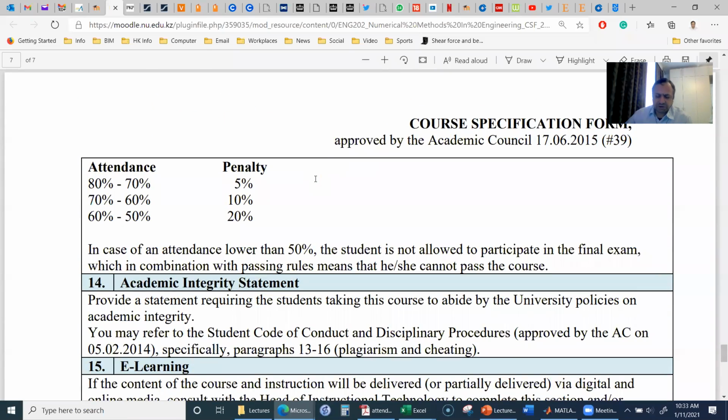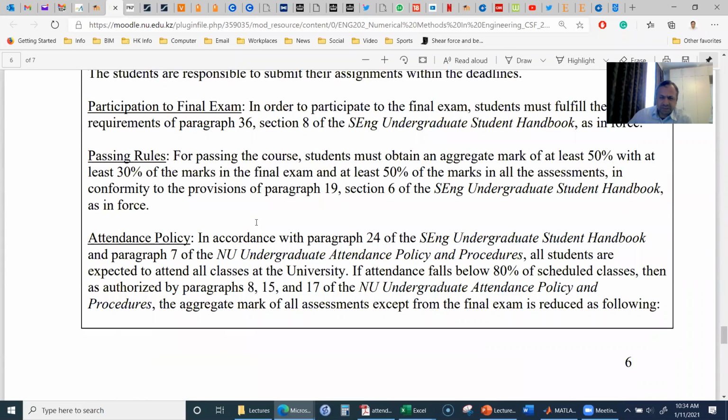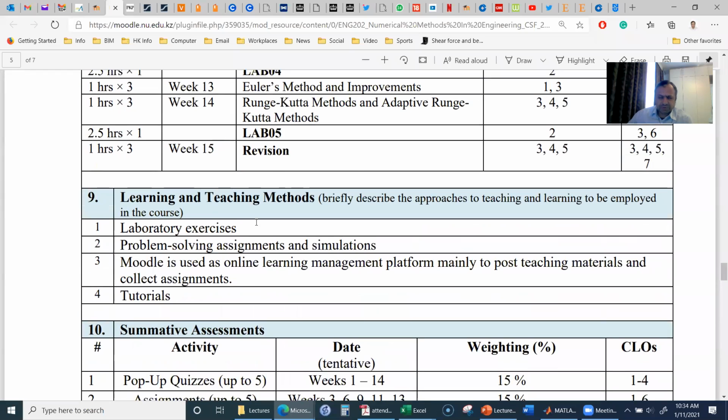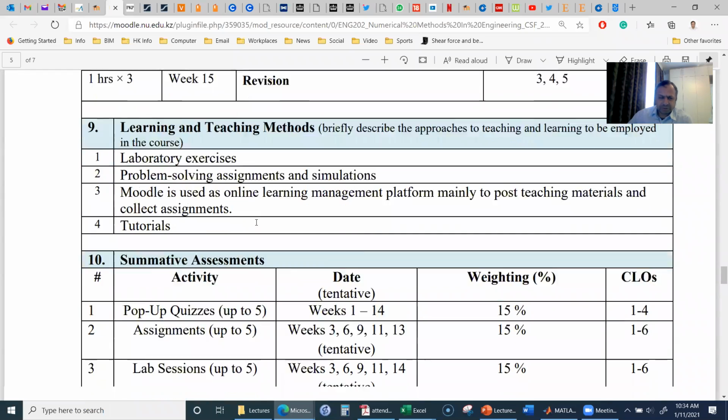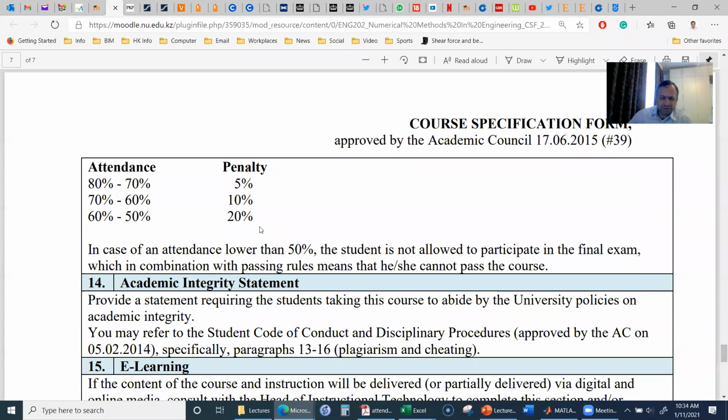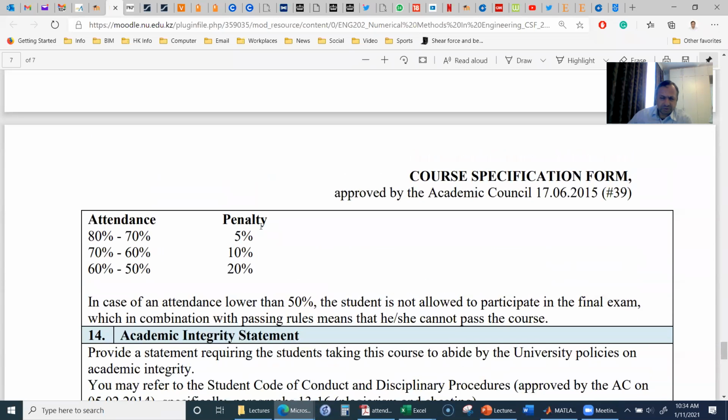Yes, I think attendance, in fact, we can monitor the attendance. No, I'm not going to adopt any penalty about that, because actually this course was developed last year by some other departments. So each department may have their own policy. Normally, I don't adopt such a penalty.